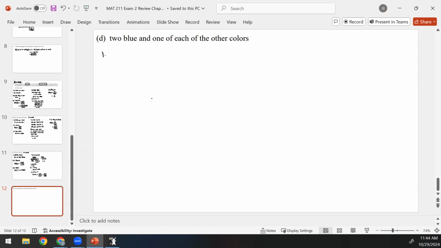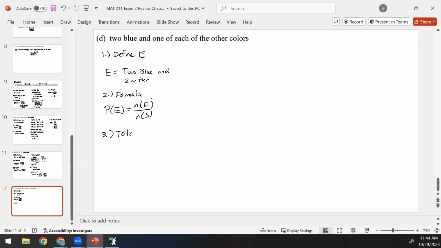Okay. Again, step 1 is define E, your event. So my event is 2 blue and 2 other. Step 2, what is the formula? The probability of E is equal to the number of E over the number of the total.